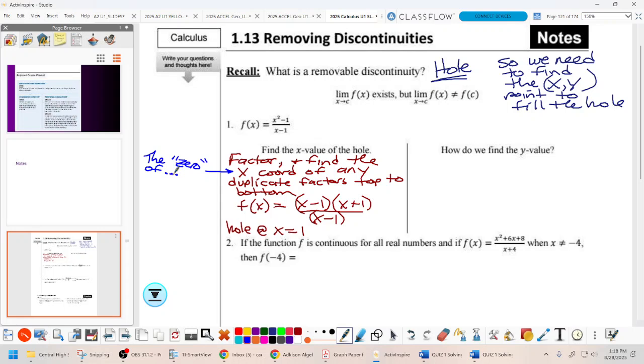Alright, how about the y value? So we know the x value. But if we plug this x value back into the function, we have a 0 denominator, which doesn't tell us the y value. So how do we do that? Thinking calculus. What would tell us that point? Remember, we're just talking about a hole.